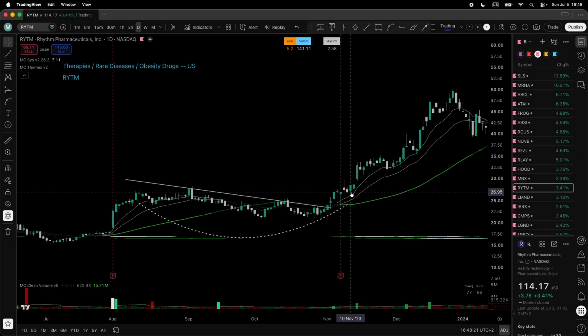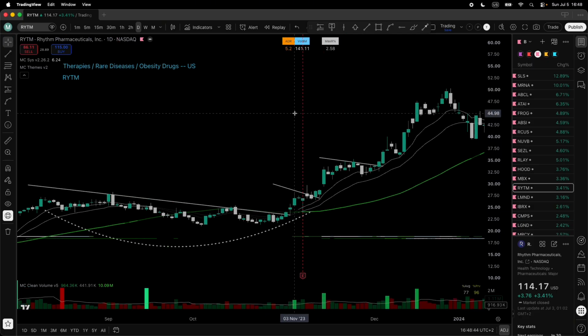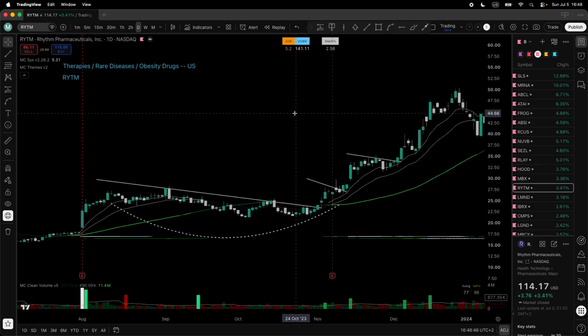Here it attempted to put the first setup, which is always the first one. This could have been a potential entry this day here, not perfect, but it would have worked. Okay, so we have this move. We have a range contraction here, as you can see. So again, don't look for perfection. It's the intention of the price.